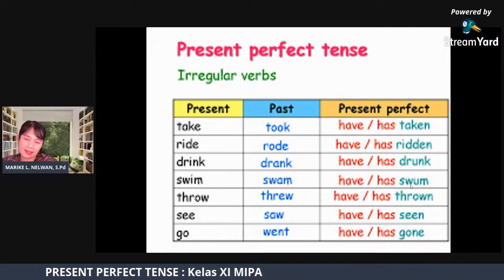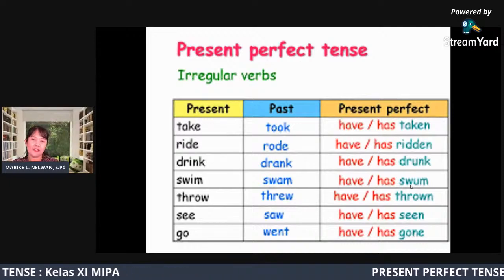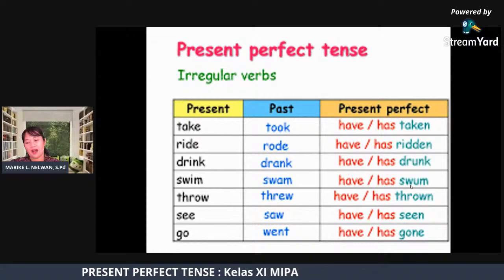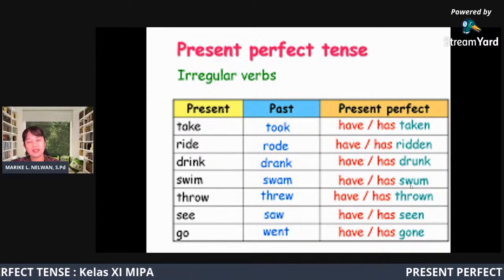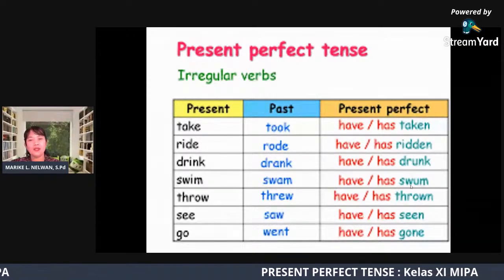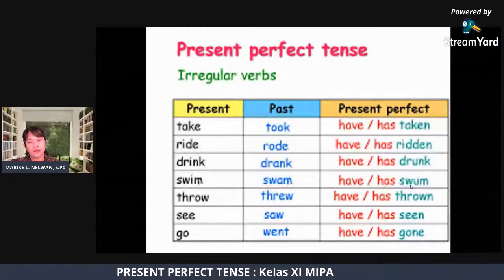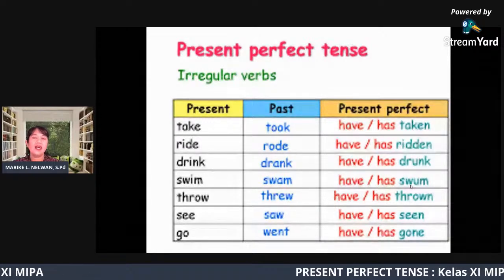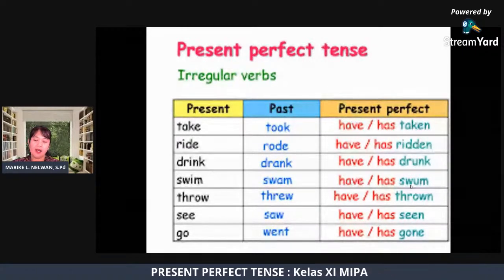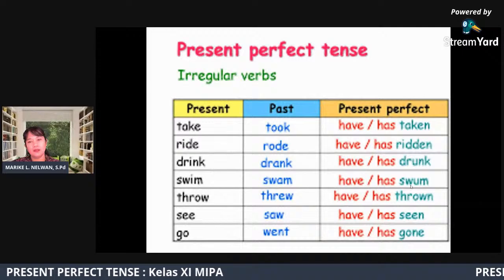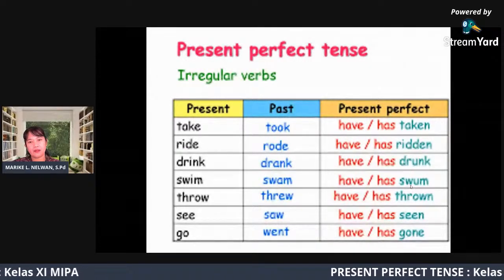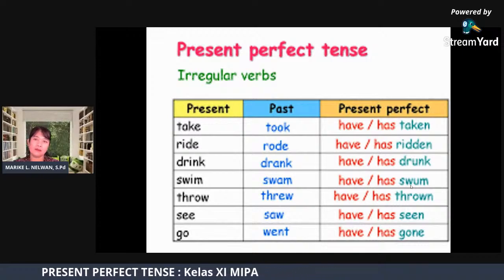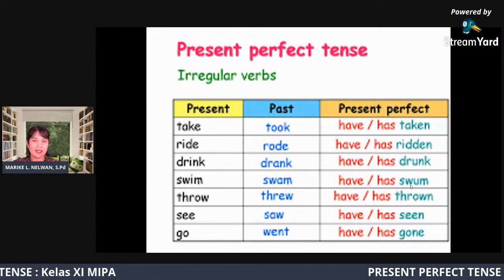Well, everyone, I think that's enough for today. Well, because we are limited of time, so maybe on the next video, we'll continue to talk more about present perfect tense, and then we still have one perfect tense to talk next meeting, that is about future perfect tense.